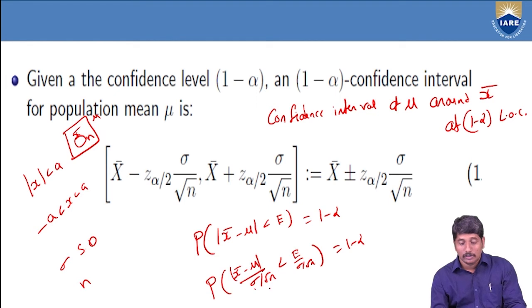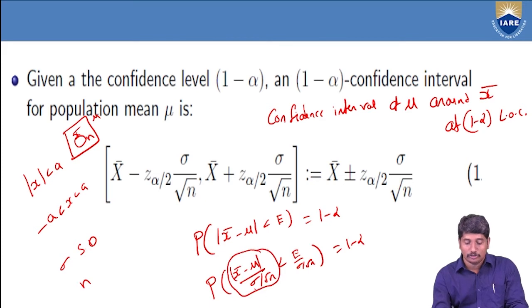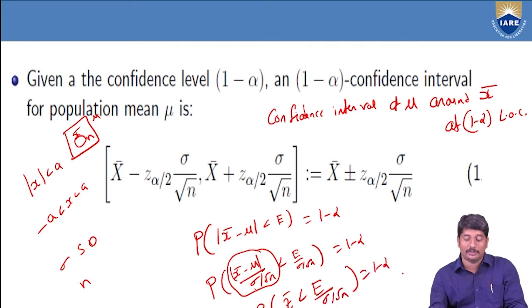So we are dividing the standard deviation by the positive square root of the sample size. So x bar minus mu by sigma by root n is less than e by sigma by root n. Now, from the central limit theorem, we call it z bar. So P of z bar less than epsilon by sigma by root n is 1 minus alpha.